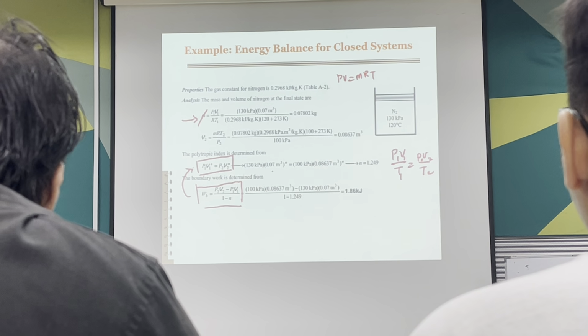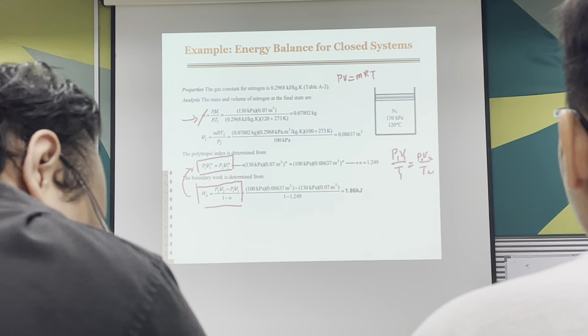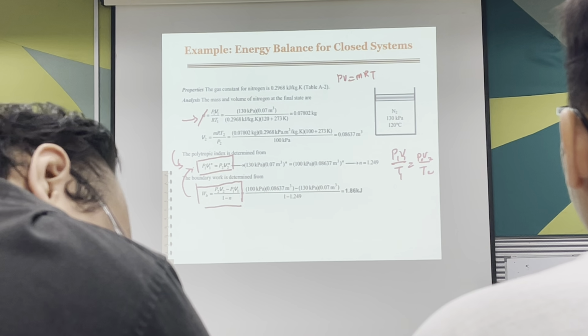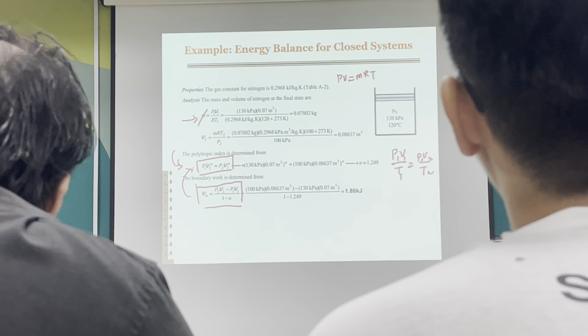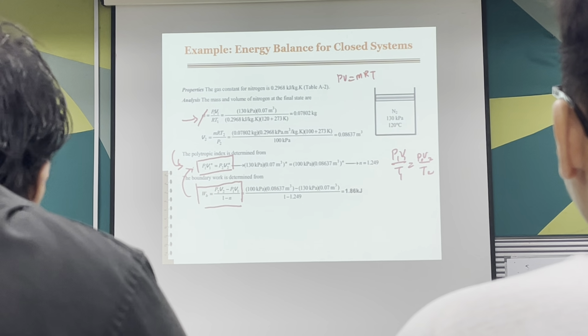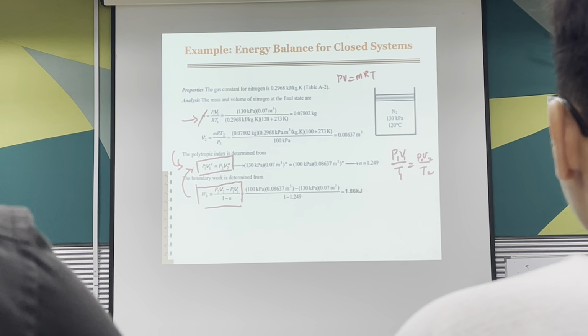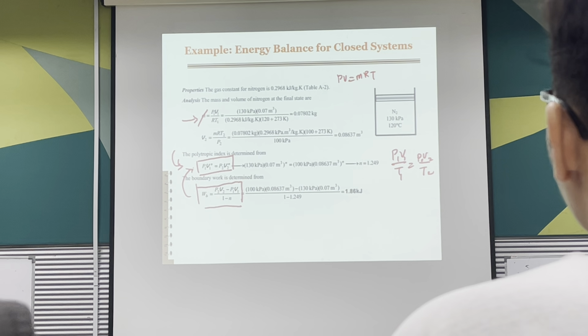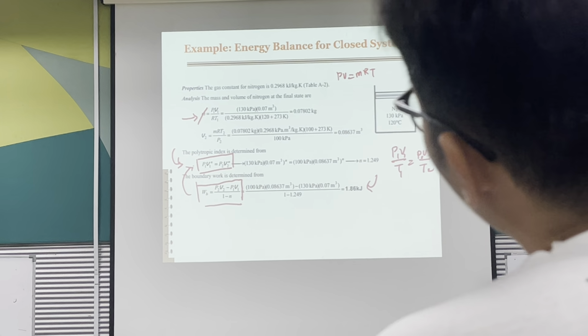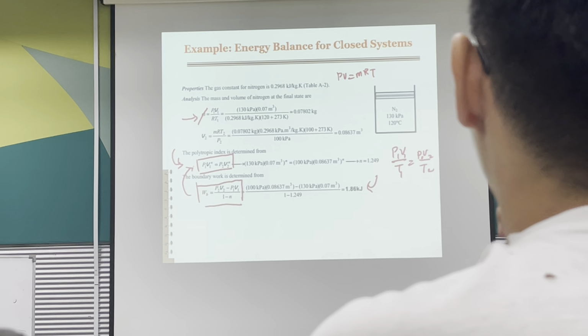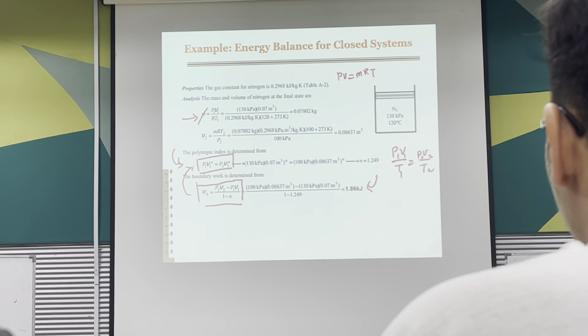Once you get the volume, then you can use the PV^n equals to PV^n relation to find out what is the n, meaning the polytropic index for this nitrogen gas, and from there you can just substitute the n value in to get the boundary work. Please bear in mind that every single equation that you use here, you cannot use for water. Even PV over T, don't use this relation for H2O.